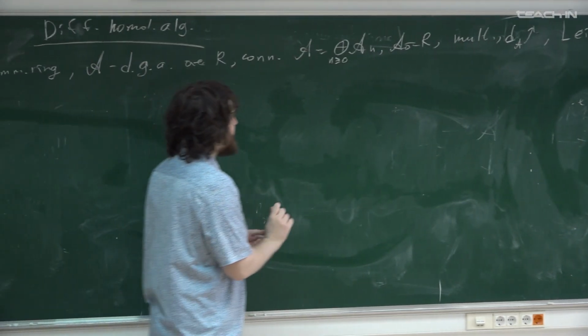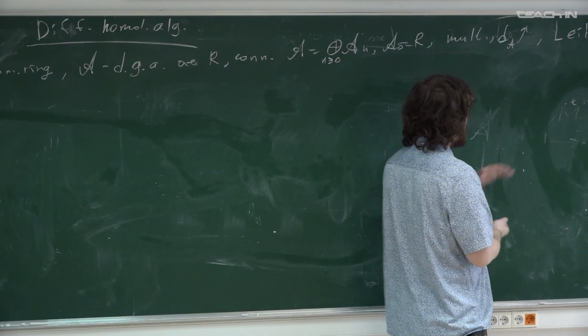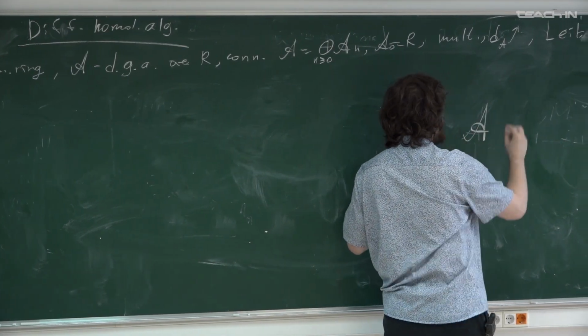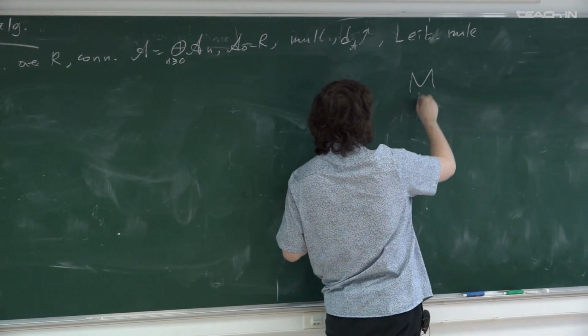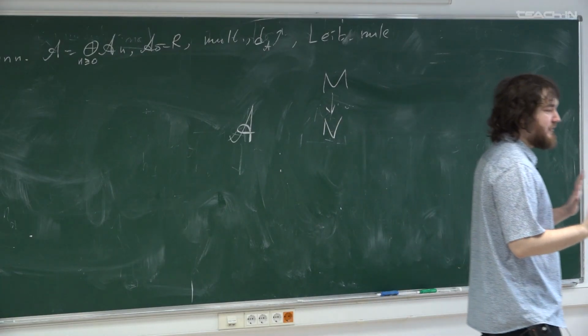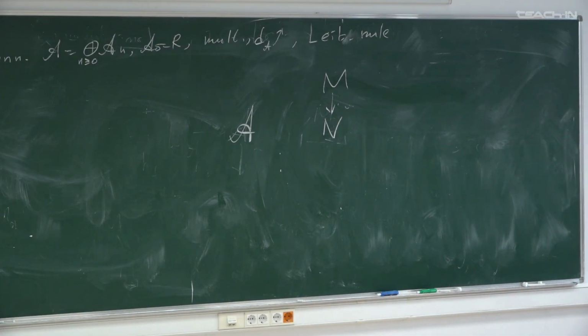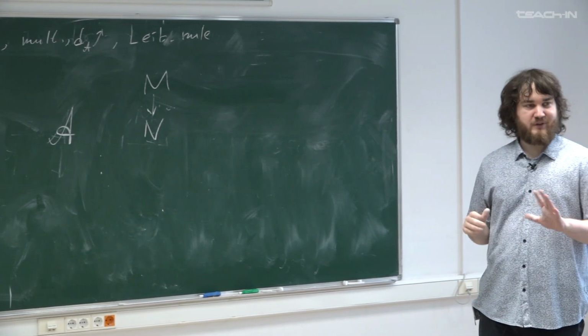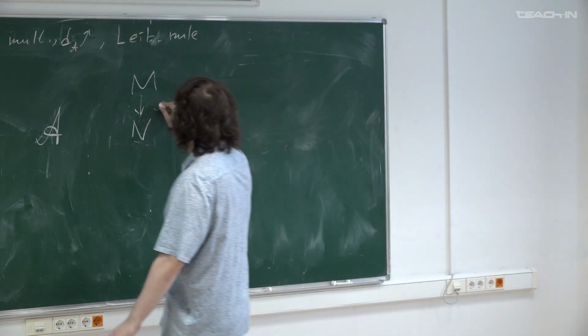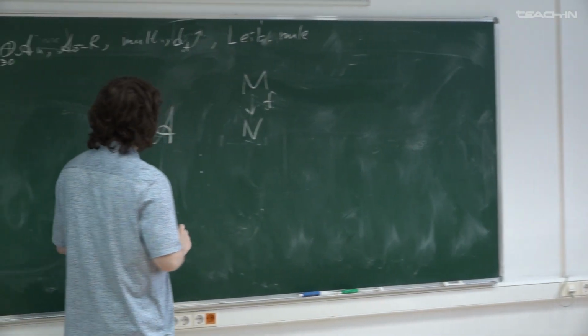For example, take a one-dimensional free module, just A itself, and two differential graded modules. A morphism between differential graded modules is a morphism of graded A modules that commutes with the differential.